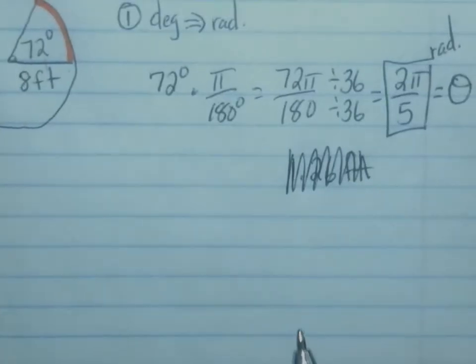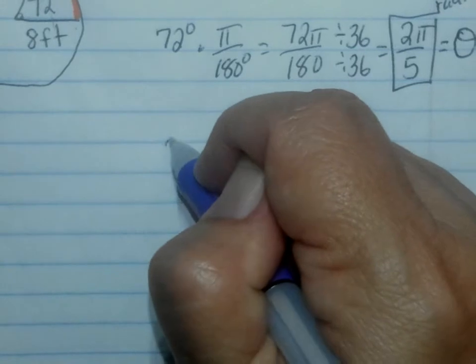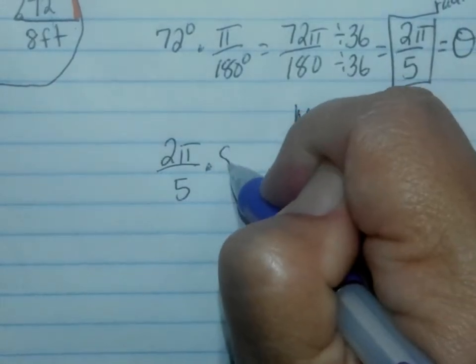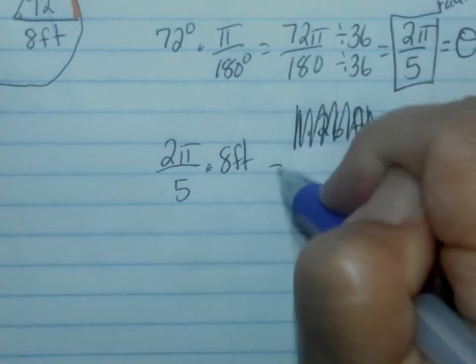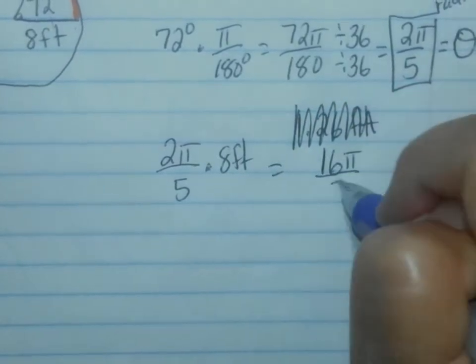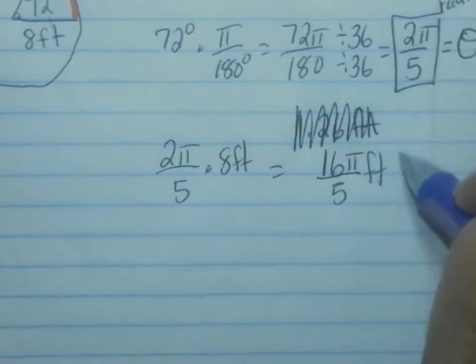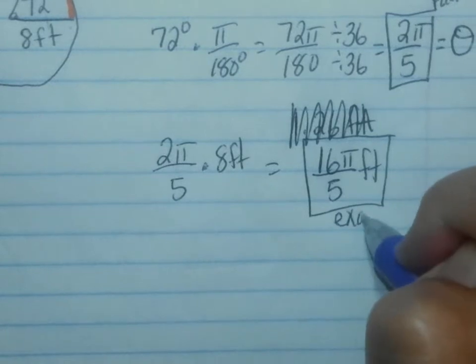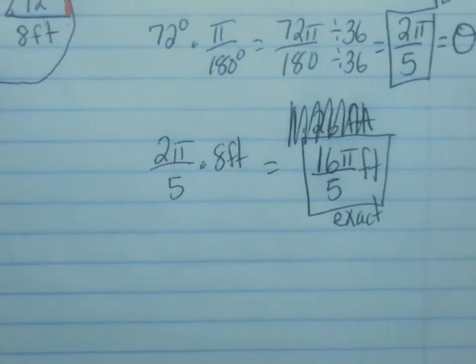So now we need to do 2 pi over 5 times 8 feet. So then we would have 16 pi over 5 feet. This would be our exact answer for the arc length.